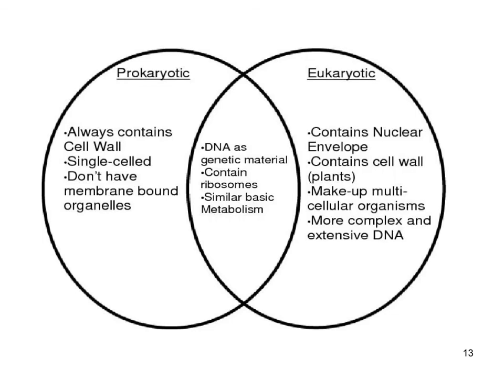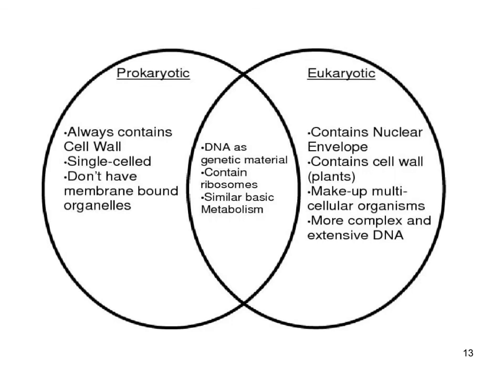Okay, so let's try to sum up similarities and differences, and this cartoon depicts one way of thinking about that. The center of this Venn diagram talks about similarities. In all cells we have DNA as the genetic material. I would argue that it's in the form of chromosomes as well, or I would add to that. In all cells we have ribosomes responsible for protein synthesis, and we have similar basic metabolism.